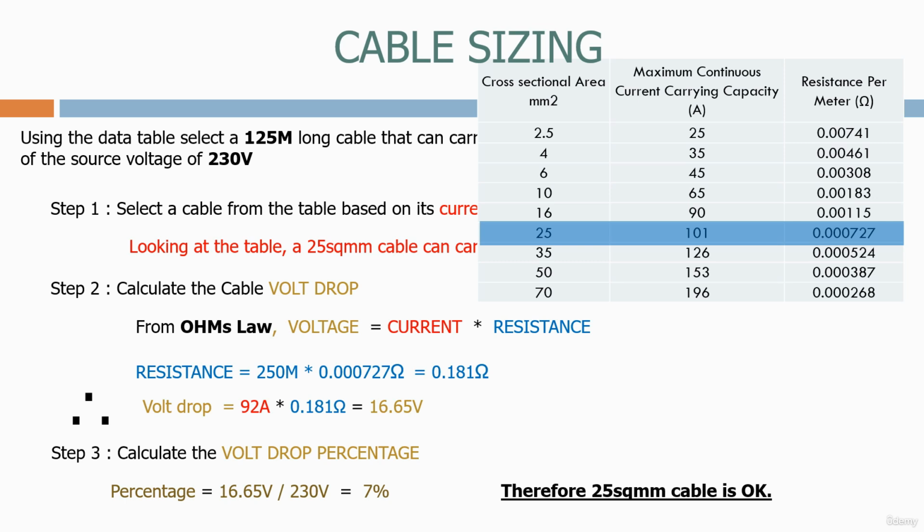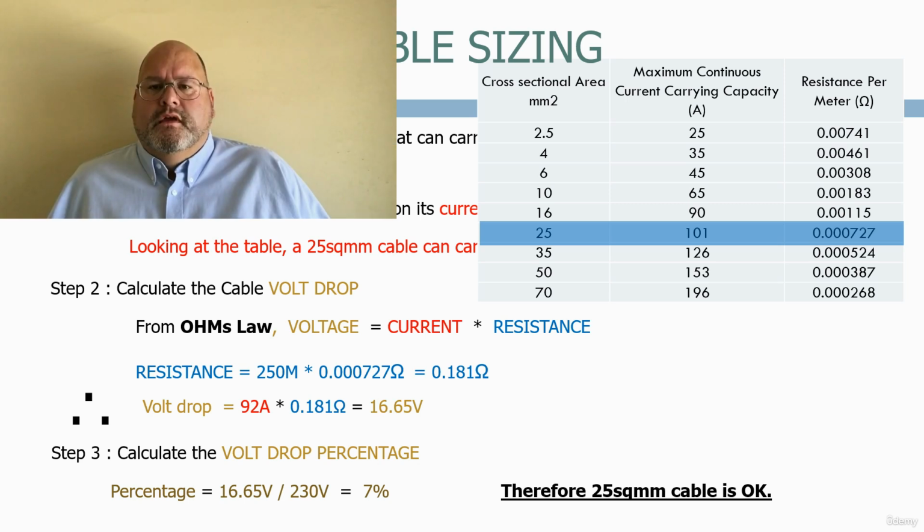Therefore, a 25 square millimeter cable is okay. What would we have done if the volt drop had been over the 10% value shown? Well, we would have chosen the next cable size up, as it has a lower resistance and therefore a lower volt drop. Most of these calculations can now be done using software supplied by the cable manufacturers.